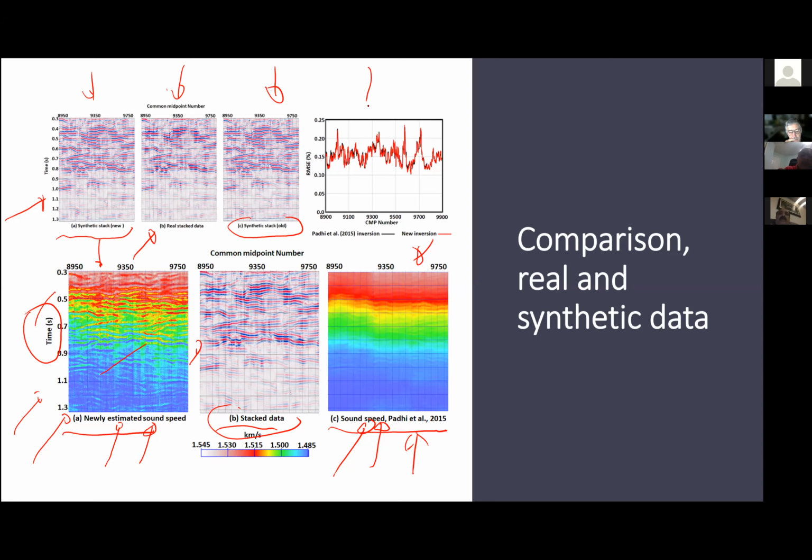If you also compute the RMSE, the root mean square error between the synthetic and real data, they are pretty good. This is the RMSE in percent, and the maximum error is less than 0.25%. So both inversion methods are giving very good inversion results.